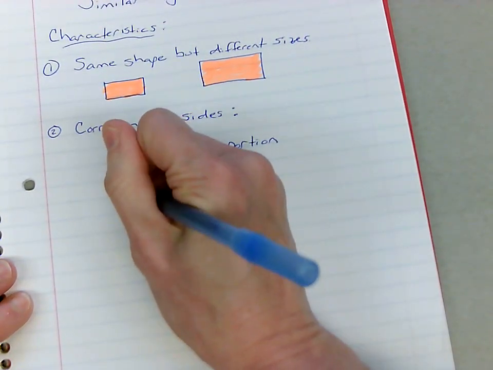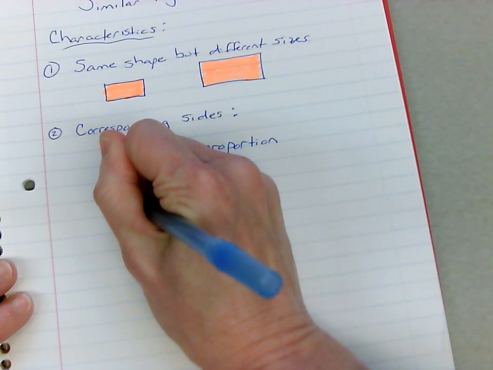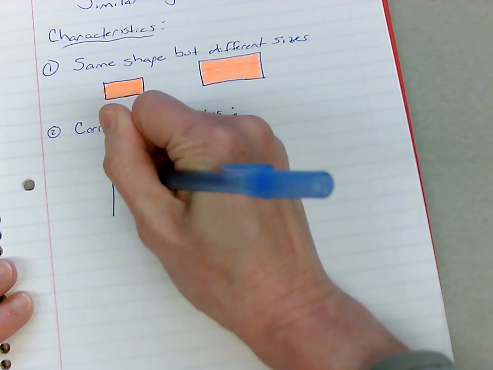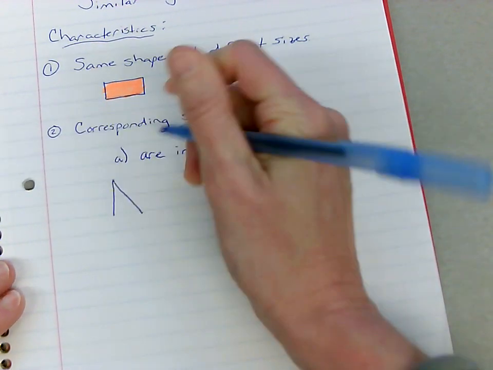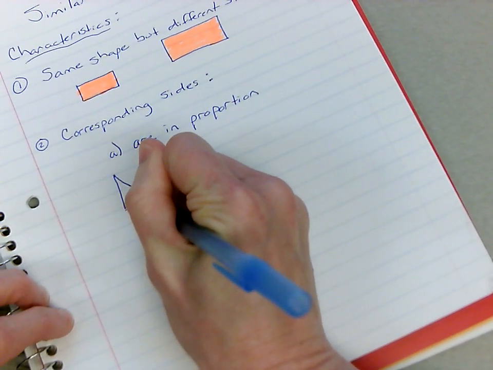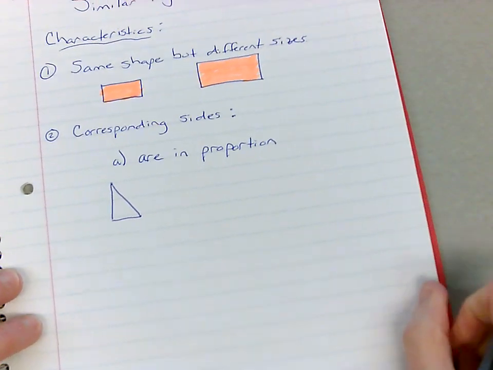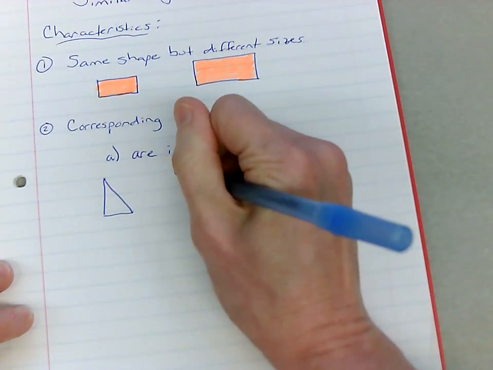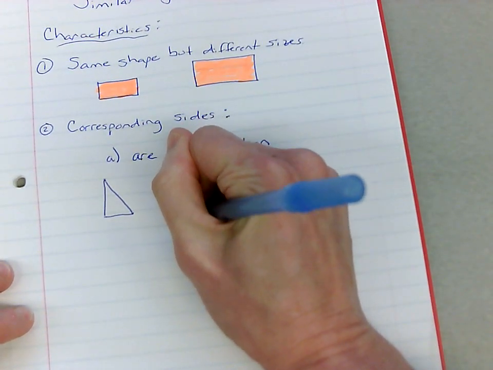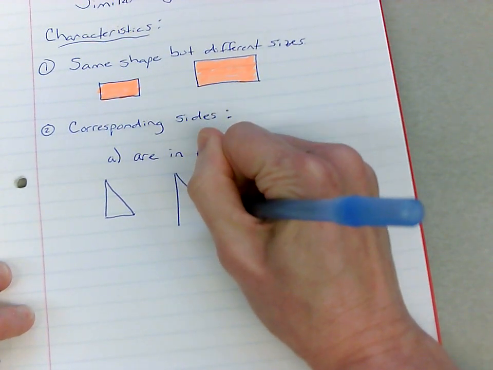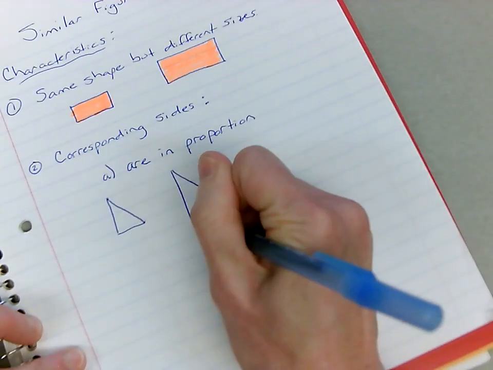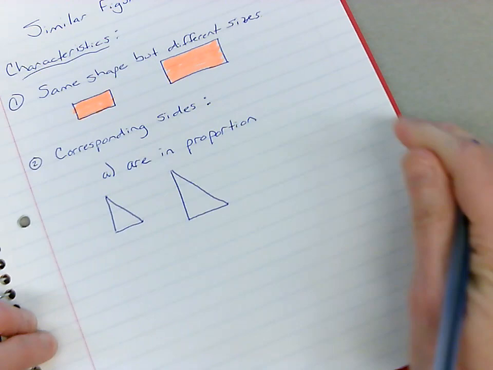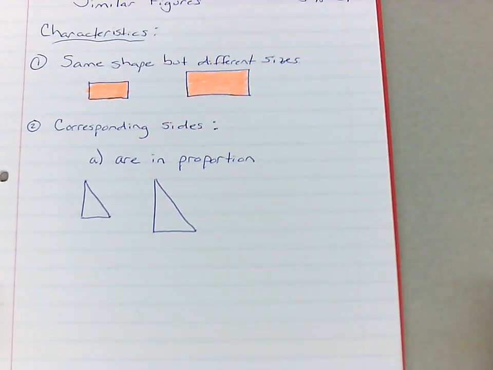So I'm going to draw a smaller triangle and a larger one. And I'm going to label them.